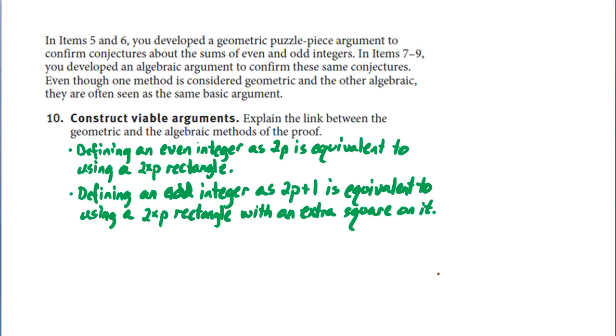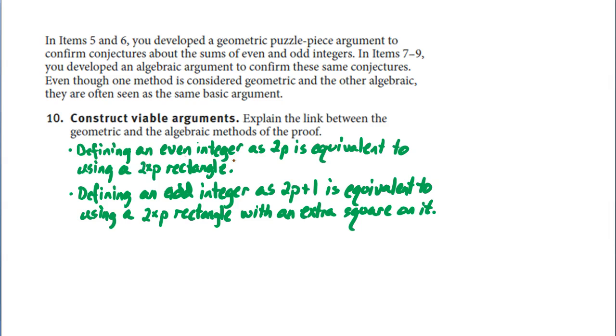In items 5 and 6, we developed a geometric puzzle piece argument to confirm our conjectures. And in items 7 through 9, we used an algebraic argument. Even though one method is considered geometric and the other is algebraic, they're often seen as the same argument. Number 10, explain the link between the methods. Well, here in green is one way to answer this.